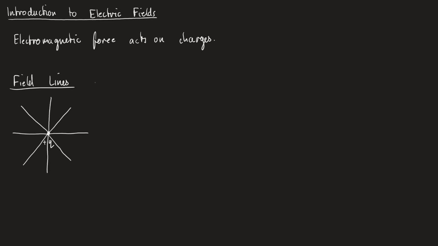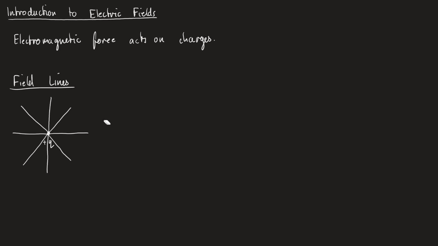But now if I put a positive charge in here, it's going to get pushed away. And if it's a negative charge, it's going to get pulled towards. So we don't actually know which direction these are going to go in unless we choose one of them to be the convention.